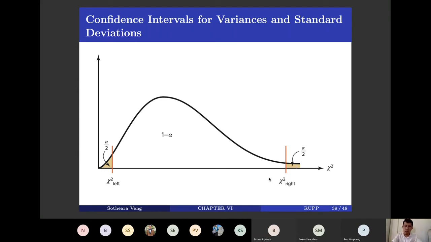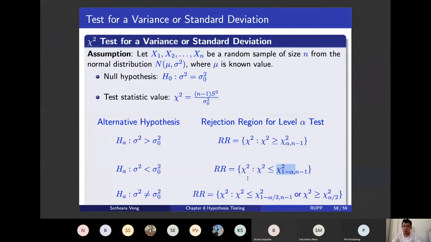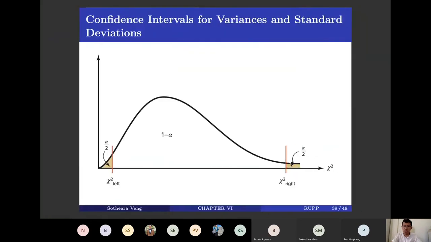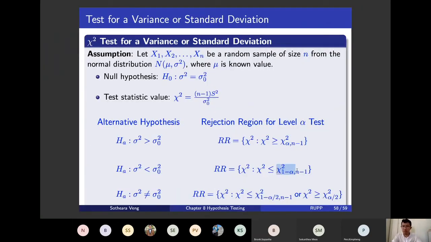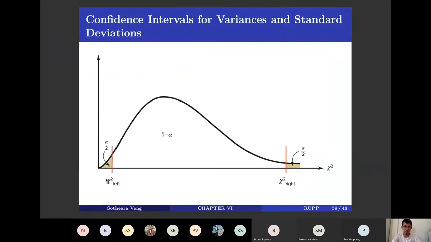To come up with this value, you take 1 minus alpha. Why? Because if this is alpha, 1 minus alpha means the area here is 1 minus alpha, and the area here is only alpha. So this is the left chi-square value.